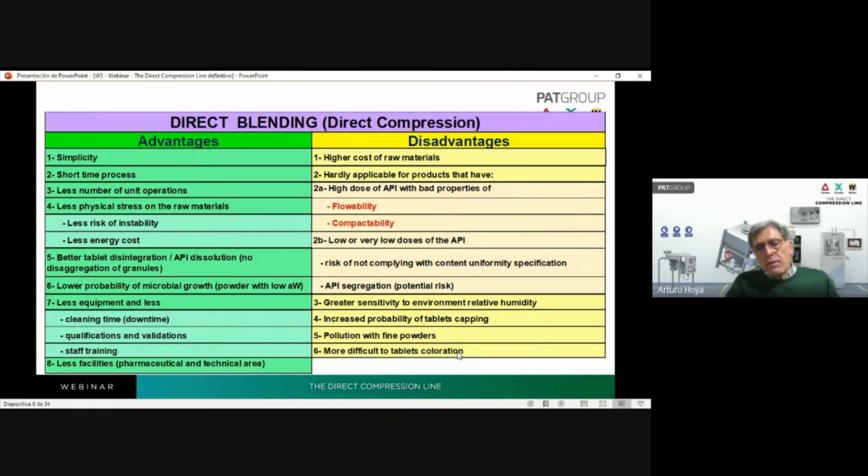They make tablet coloration more difficult, and it is possible that you have higher batch-to-batch variability. Well, this is a general table that shows the advantages and disadvantages of direct blending. In general, we say, well, the advantages are more than the disadvantages.